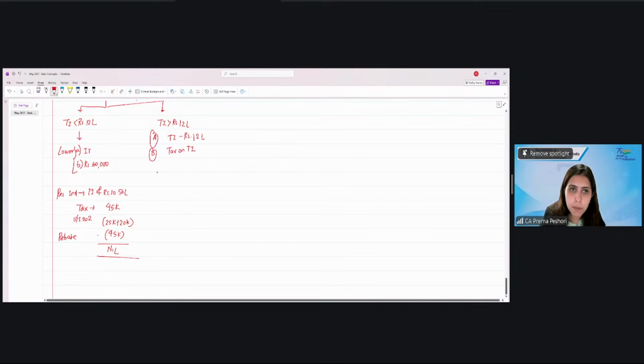And step C: if step B is greater than step A, then my rebate will be B minus A. Let me copy that over here so that you are able to understand.